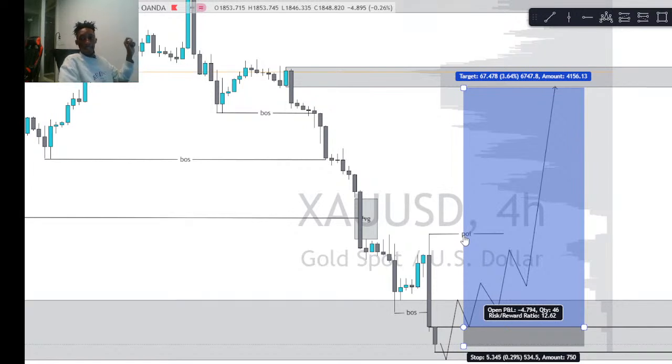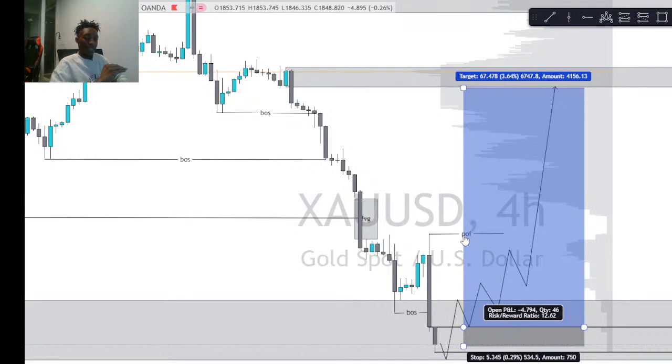You understand? If I want to take a trade with the H1 time frame, where may I start buying? Above 1853. That's where you can start scaling buys. That's where you can start monitoring buys on your H1 time frame. So you can just grab your analysis, mark the area, mark the price, 1853.